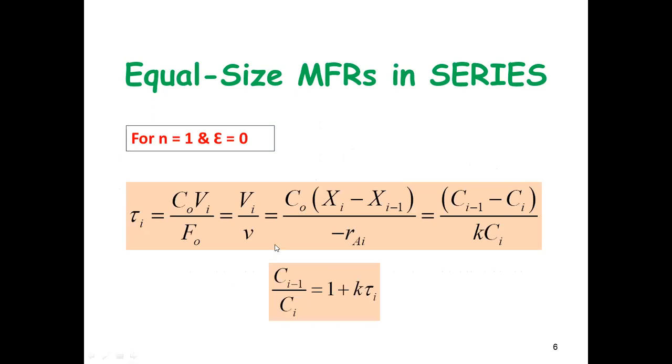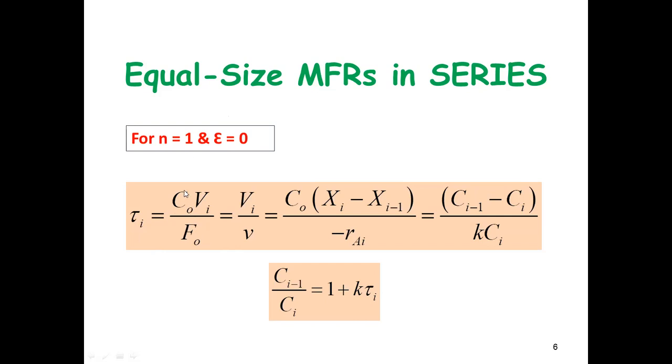Now, this formula that I placed here came from Levenspiel. This is for equal sized MFRs in series with reaction order equal to 1, and you have the expansion factor equal to 0. So meaning your process is a constant density process, or the system is a constant density system. How we account for the space time is actually the same as our formula when we were studying single ideal reactors.